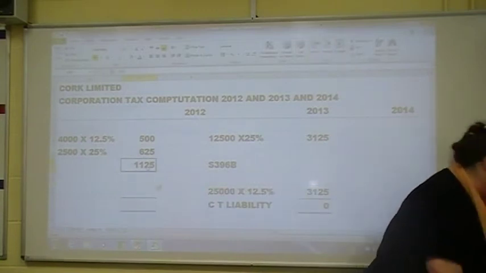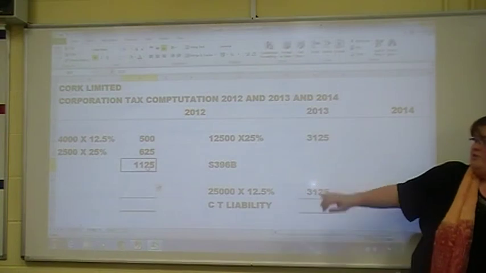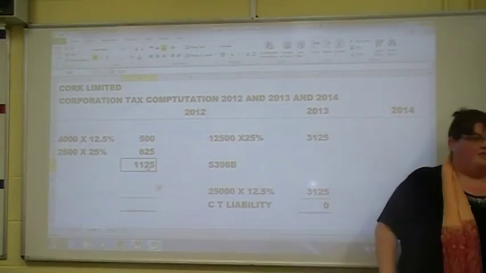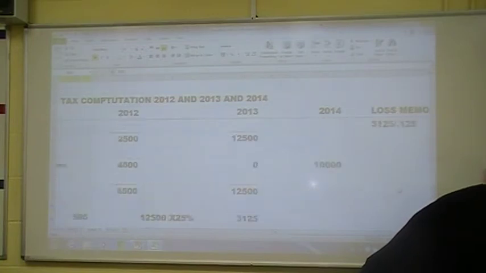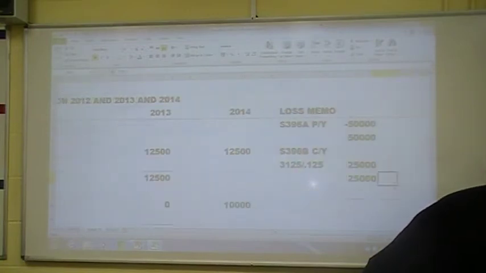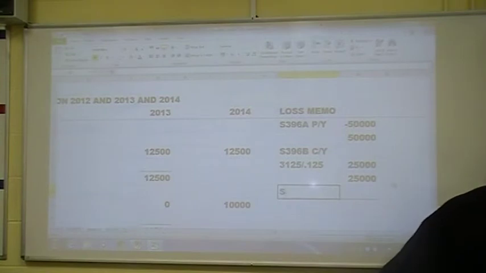Okay, so we need to find out now, out of that 1,125, do we have enough loss left to shelter that? So back up to your last memo. Section 396B, prior year, and it's 1,125, isn't it?